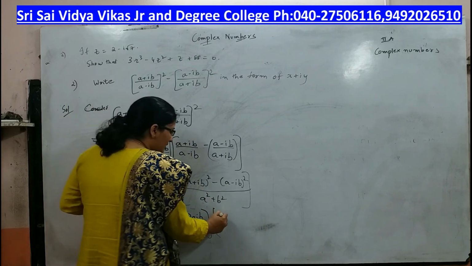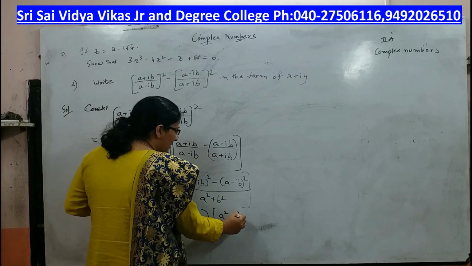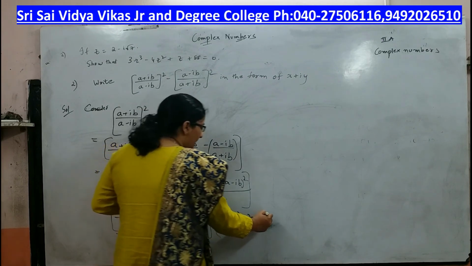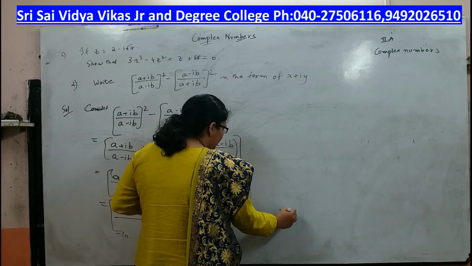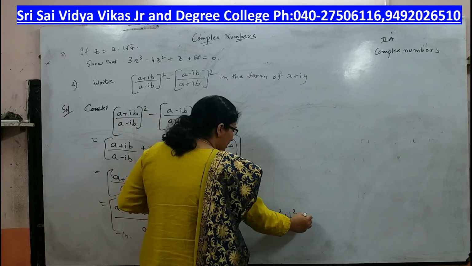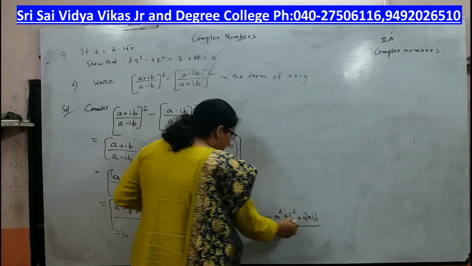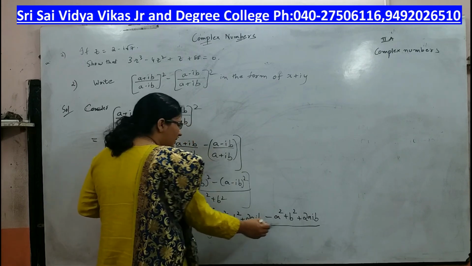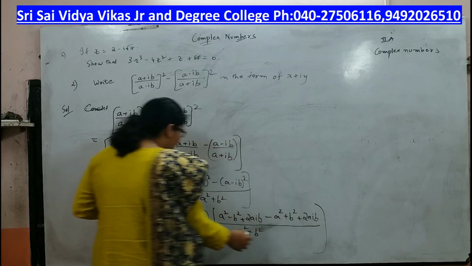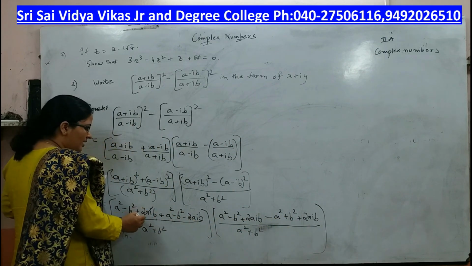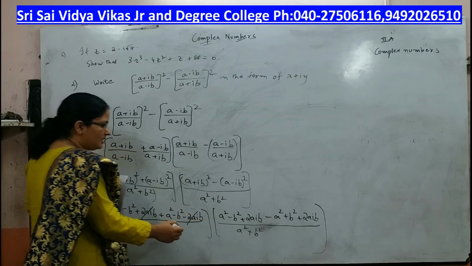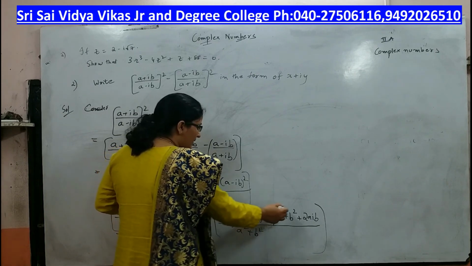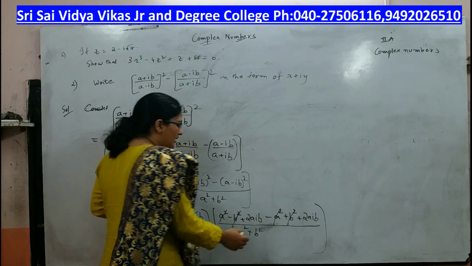This is a square minus b square plus 2aib, minus a square plus b square plus 2aib, by a square plus b square. Here plus 2aib minus 2aib gets cancelled. Here plus a square minus a square plus b square minus b square gets cancelled.